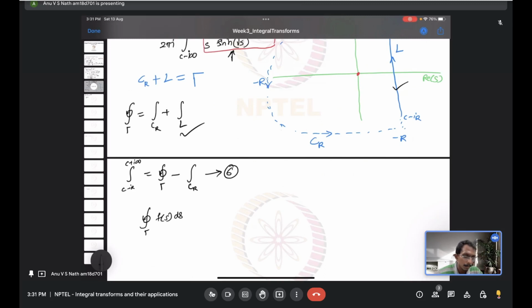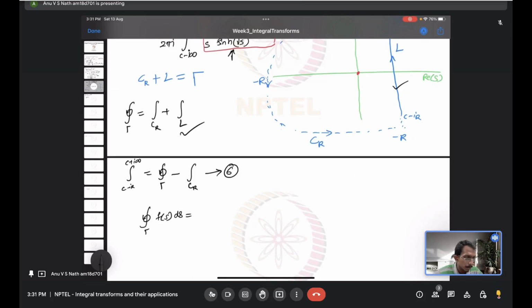Let's say small f is any function, we need to do the contour integration over any closed contour, which we can always write in terms of 2 pi I times the summation of residues of that particular function over all the singularities of the function which are contained within the contour gamma.